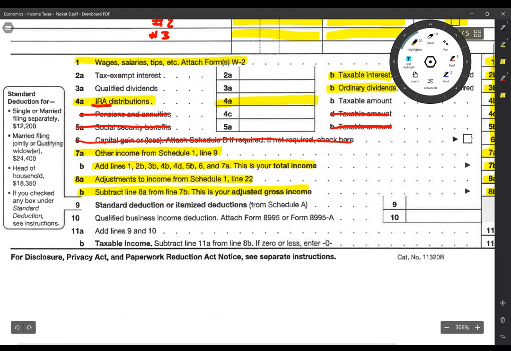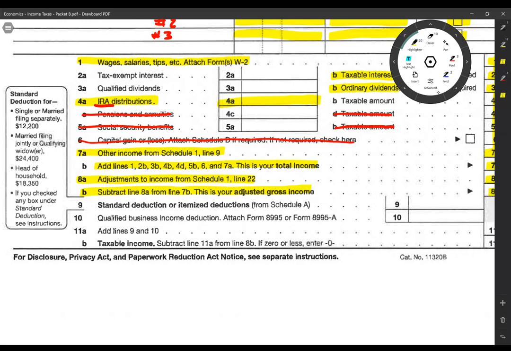Standard deduction versus itemized deduction. This is something that y'all are going to need to calculate out to figure out which one you should take. But the person, or whoever you are, should always take the one that gives you the greatest deduction. So standard deduction, this is something that you don't have to, like, it's given to you. You don't have to do a thing. You can just take it if you want it.